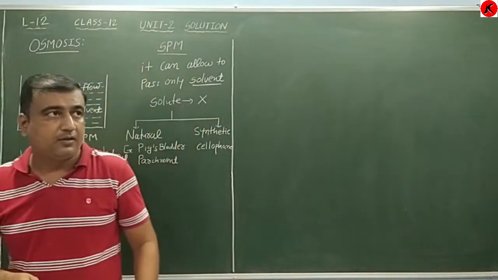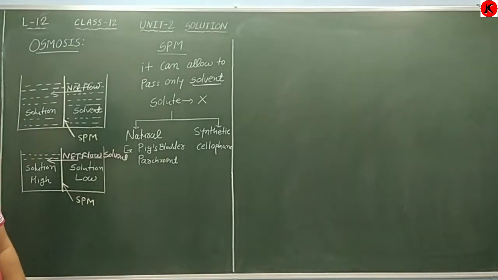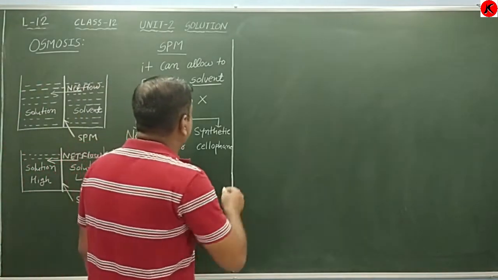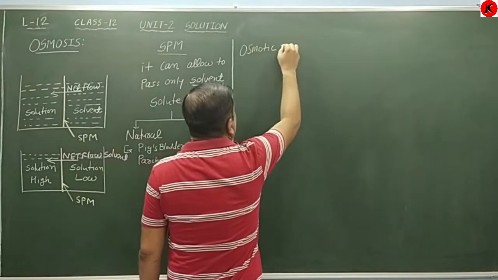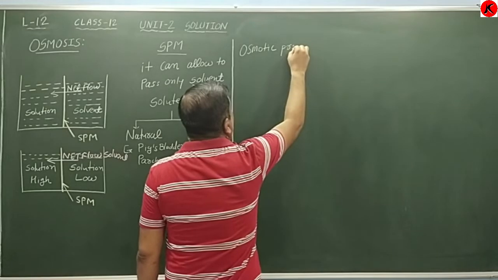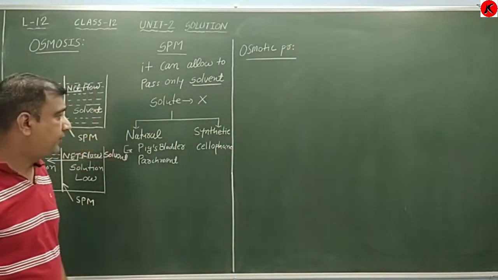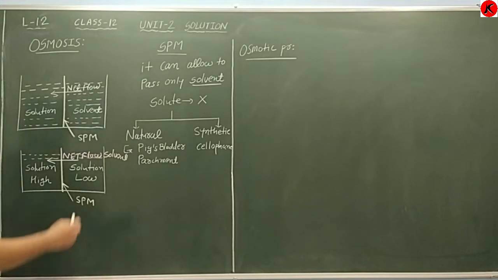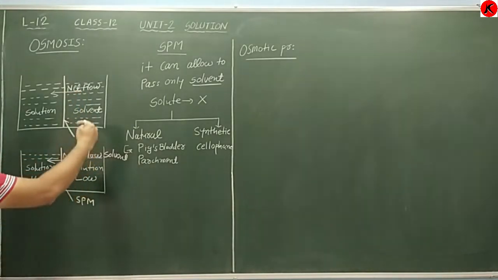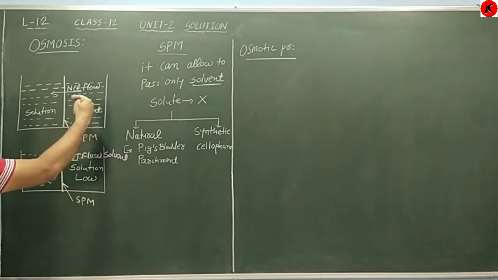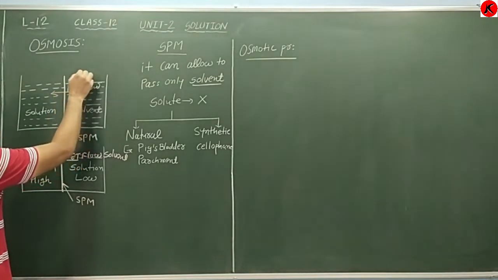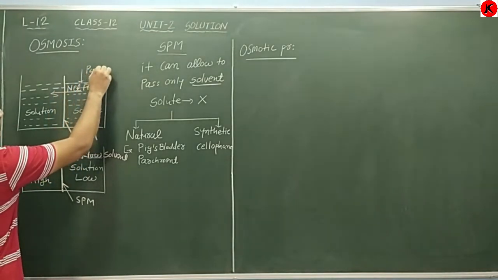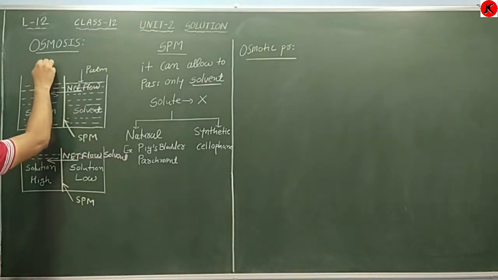Now, based on osmosis, we have a new term: osmotic pressure. What do we mean by osmotic pressure? In the first case, solvent molecules start to move from the solvent to the solution side. Here atmospheric pressure is P atm, and here also atmospheric pressure is P atm.